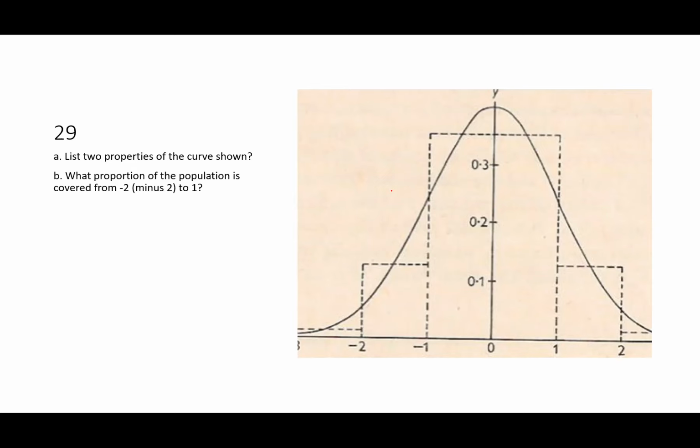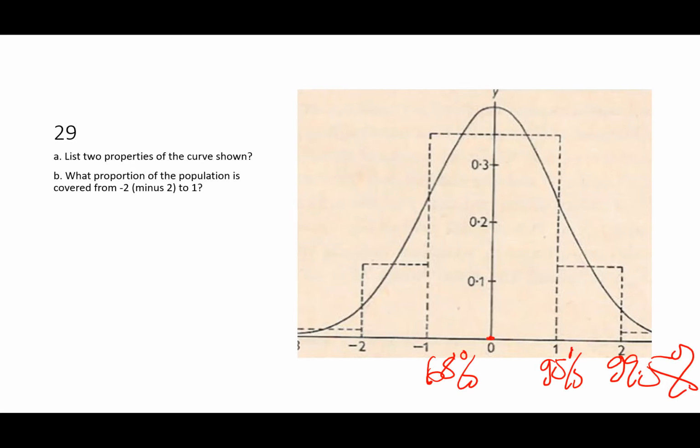If you remember, we said one standard deviation from the mean is 68%, then you have 95%, then 99.5%.